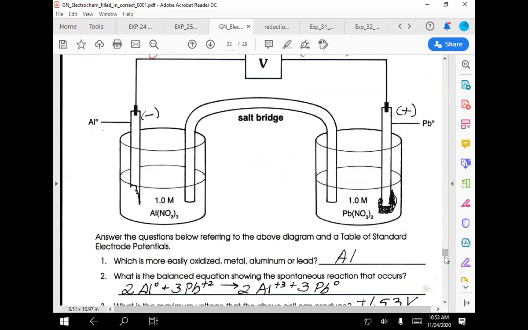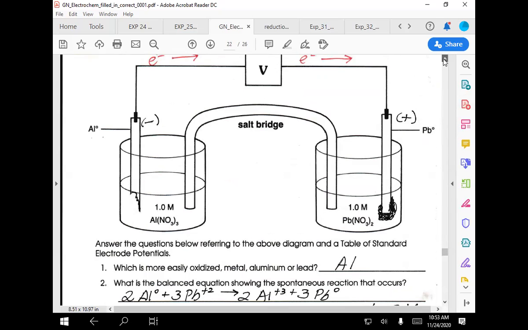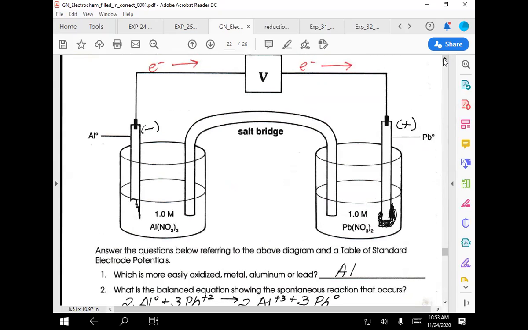Okay, so this is more practice. So you can see you've got the aluminum piece of metal, you've got a lead piece of metal, and then you've got the labels for where the electrons are going.